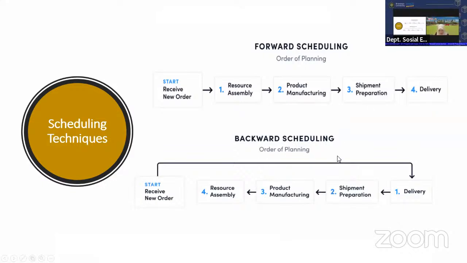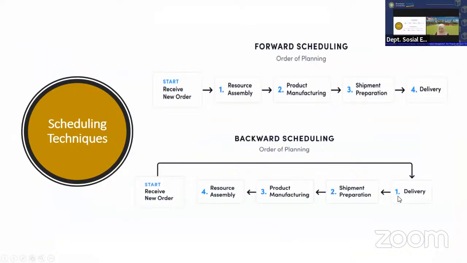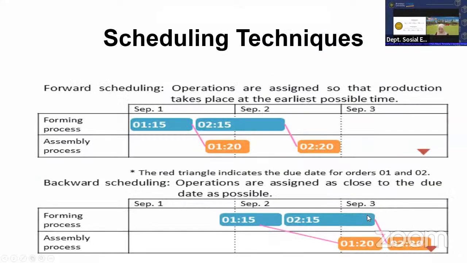Meanwhile, for the backward scheduling, as I mentioned earlier, it is based on the previous operation. We can schedule starting from the date of delivery, then shipment preparation, product manufacturing, resource assembly. So it is actually backward scheduling, right?